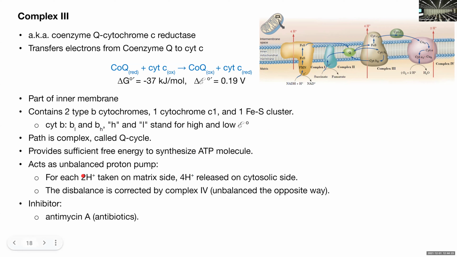So there's an imbalance here, and this imbalance is corrected by the next step, complex 4, which is unbalanced in the opposite way, so it's just going to cancel out this difference. A potent inhibitor for complex 3 is antimycin A, which is a pretty well-known antibiotic.